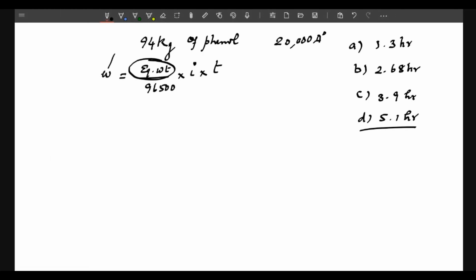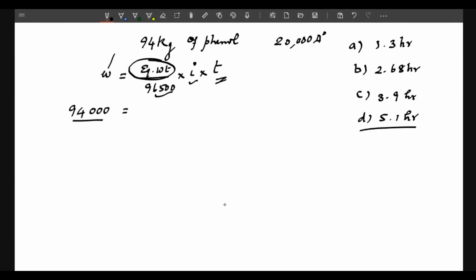Before that, I am writing the 94 kilogram in gram, so the equivalent weight should also be in gram. Then I is given, and T alone is necessary. T would be obtained in seconds. Divide the seconds by 3,600 and you will get the hour.